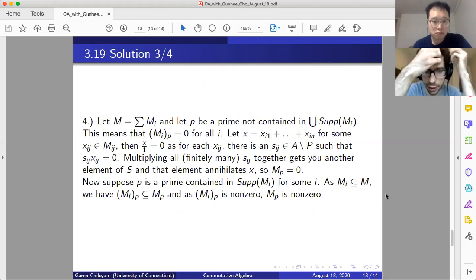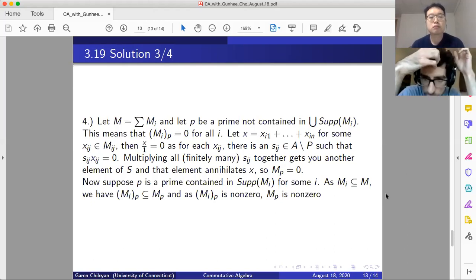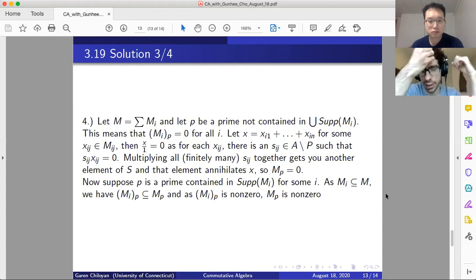So let M be a sum of modules Mi. Let P be a prime not contained in any of the supports. So that means if you localize all the Mi's at P, you just get zeros.